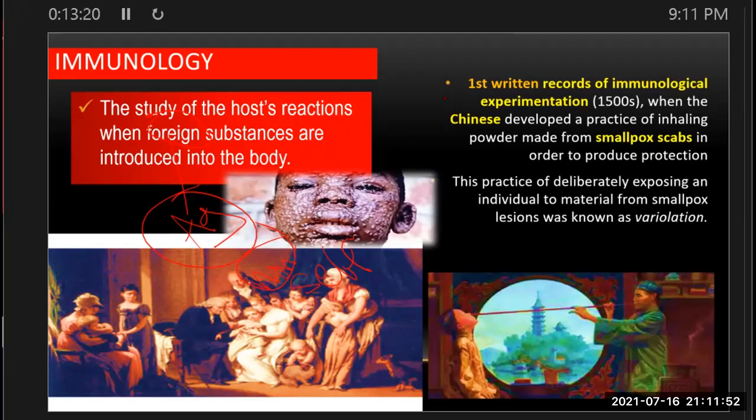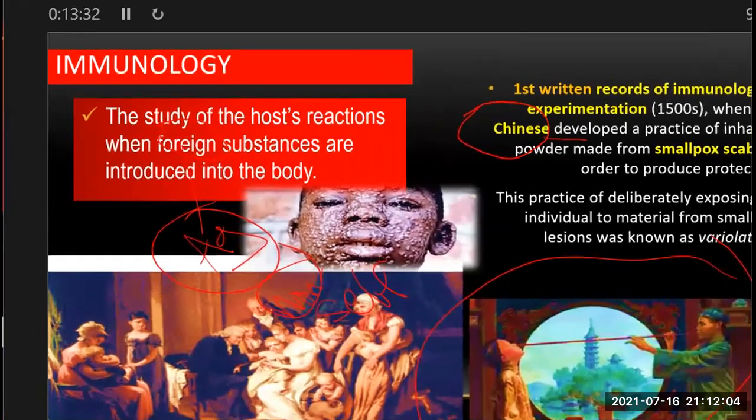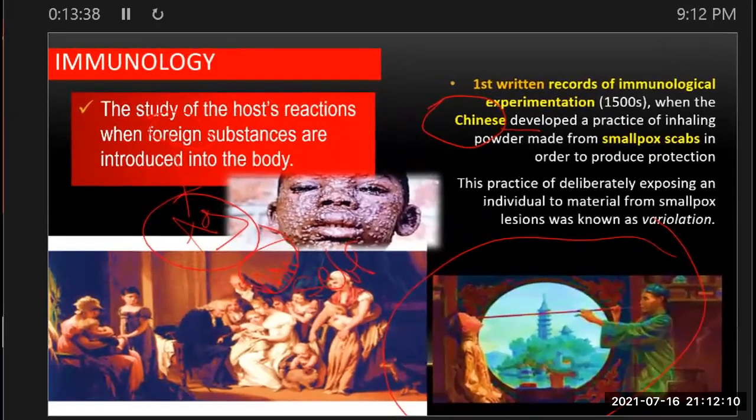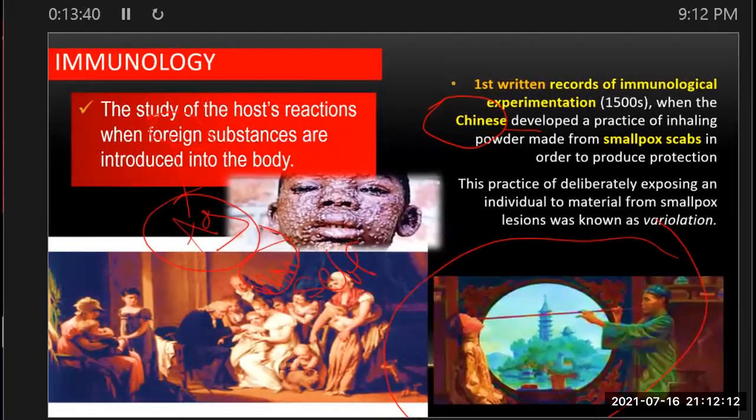But many of the books discuss this one. Beginning about 1000 AD, the Chinese practiced a form of immunization known as variolation, by inhaling dried powders derived from the crust of smallpox lesions.